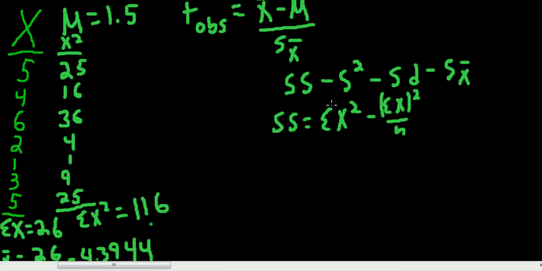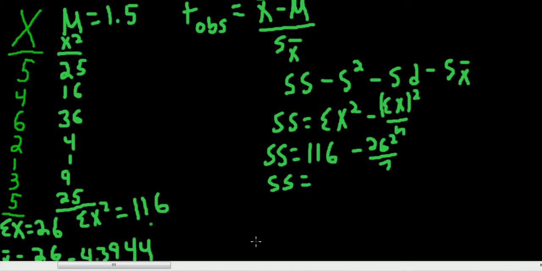So we have the left-hand side of the sum of squares formula, which is 116. Subtract sum of x squared, that's 26 squared, divided by n, which is 7. Sum of squares is 19.4286.